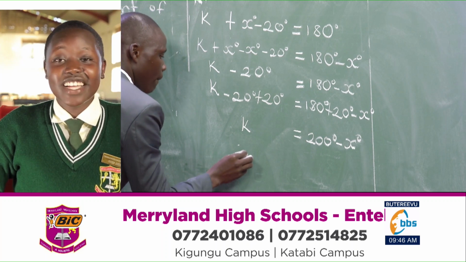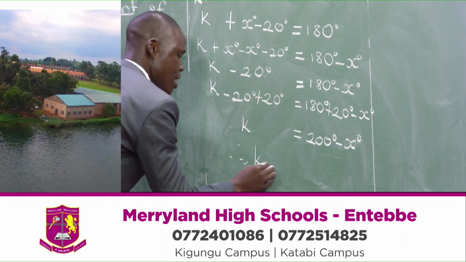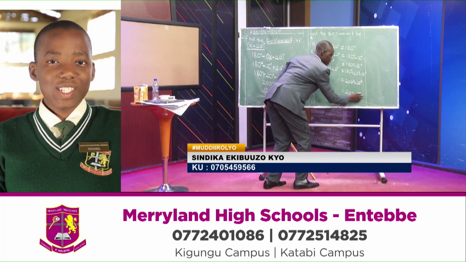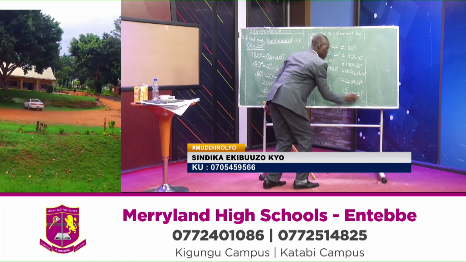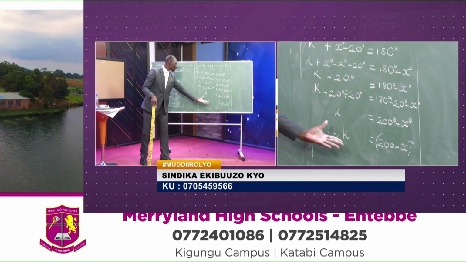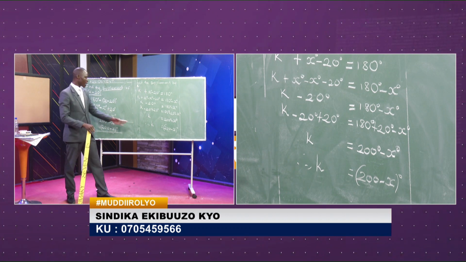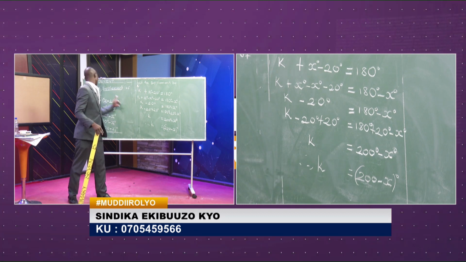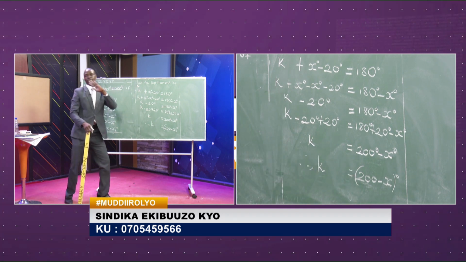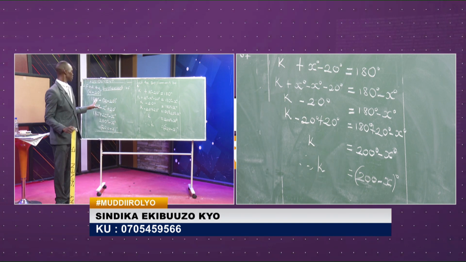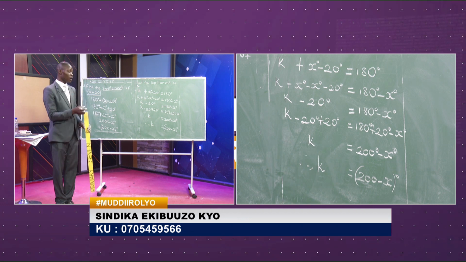Therefore, k is equal to 200 minus x. All these are degrees. So you can say that is your supplement. Or you can summarize by saying, therefore, the supplement of this angle is that. It's very correct. I think we can use those few approaches or methods to come to our answer.